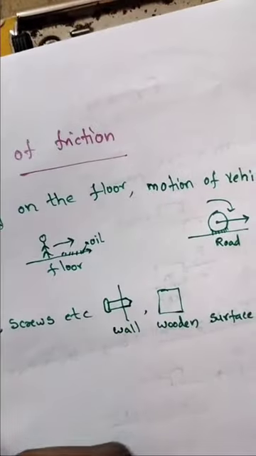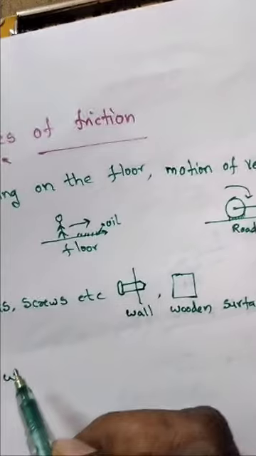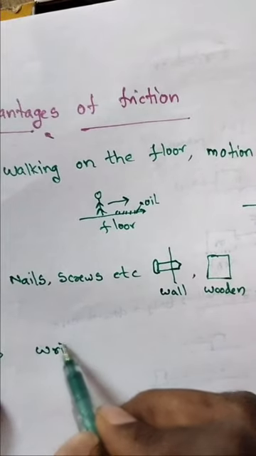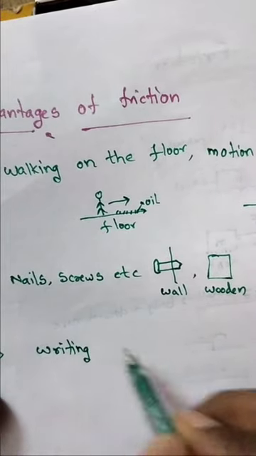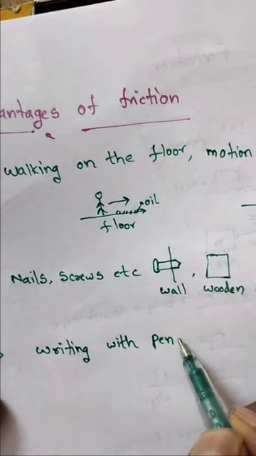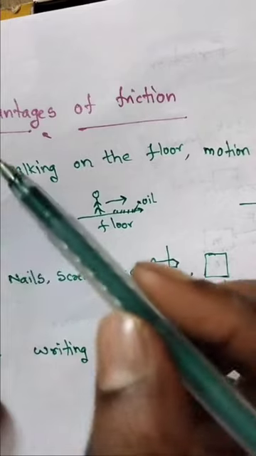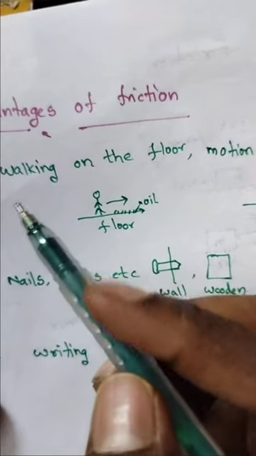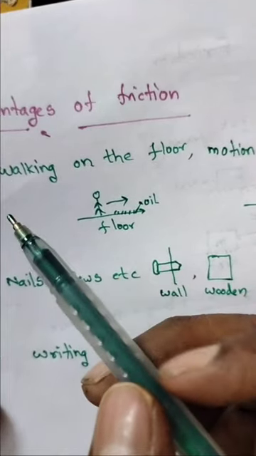And the third one, writing with pen and pencil. Okay, hold the pen. Here I am holding the pen. Why is it not smooth at this place?